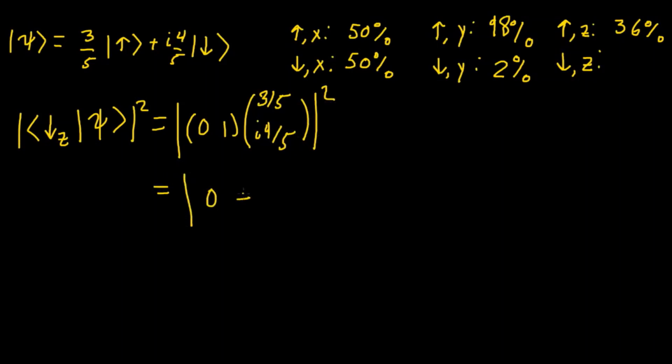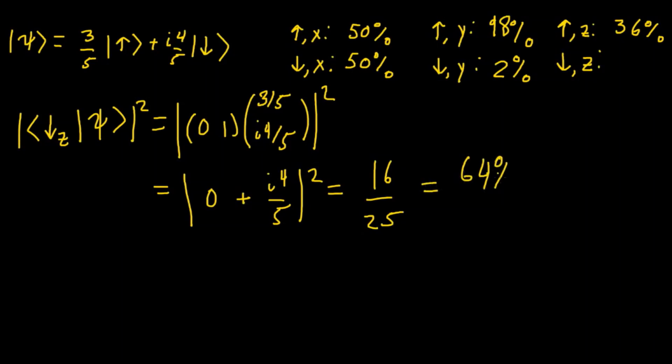And that's just equal to 4/5 squared, which is equal to 16 over 25, and multiplying the top and the bottom by 4 once again, we find that this is equal to 64%, which is just what it had to be so that all the probabilities sum to 100%.